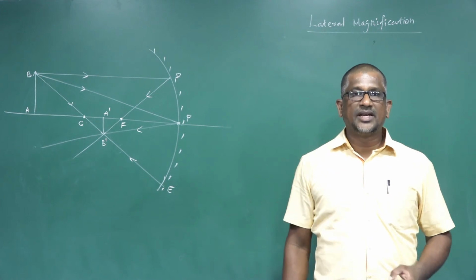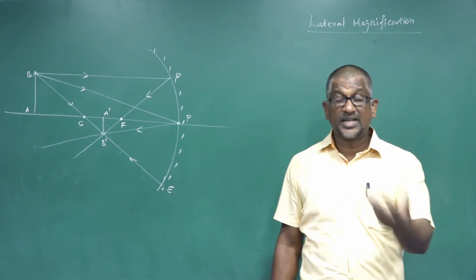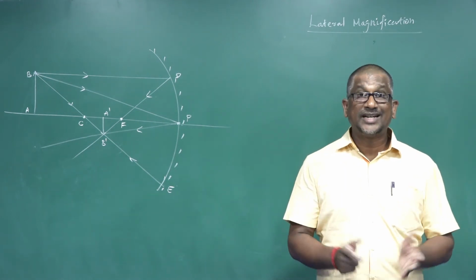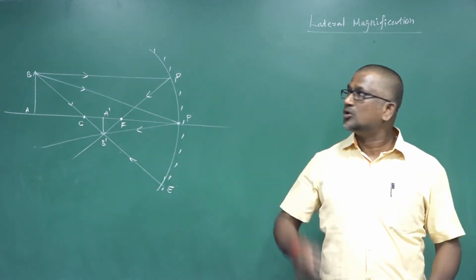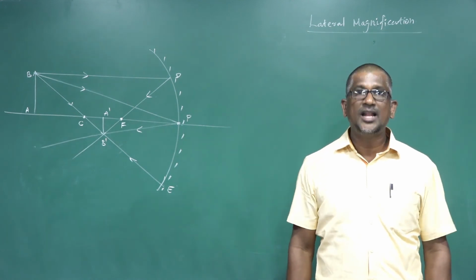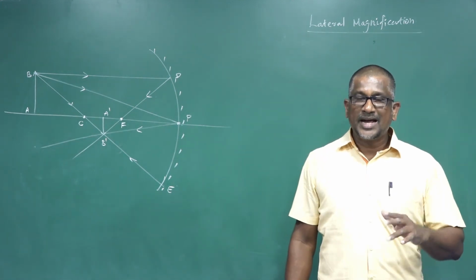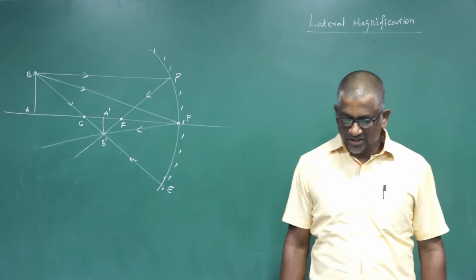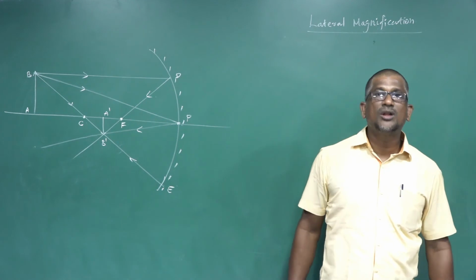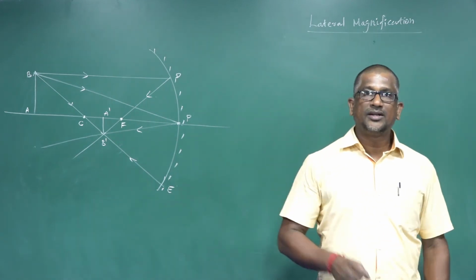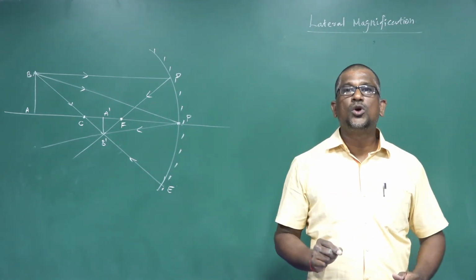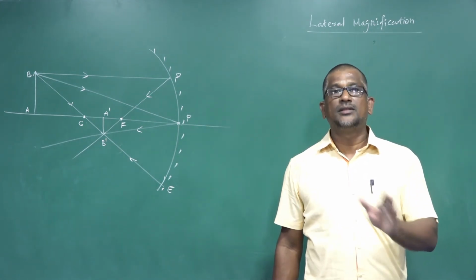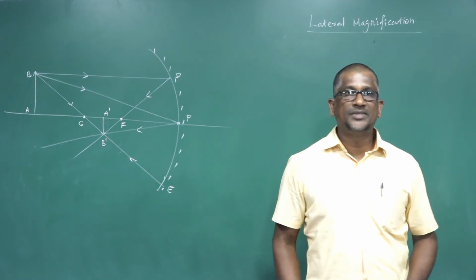How many times a given spherical mirror magnifies the given object can be determined by using the term called lateral magnification. Lateral magnification is also called transverse magnification. Transverse magnification is used to find how many times a spherical mirror magnifies the given object.